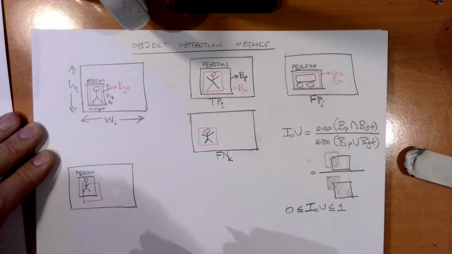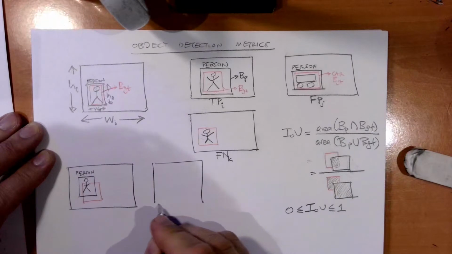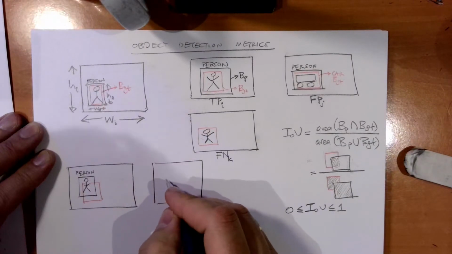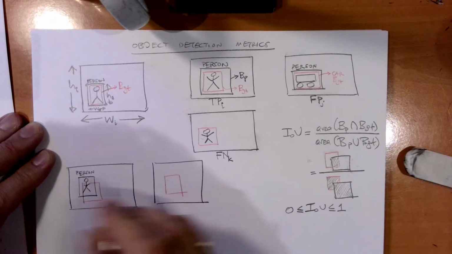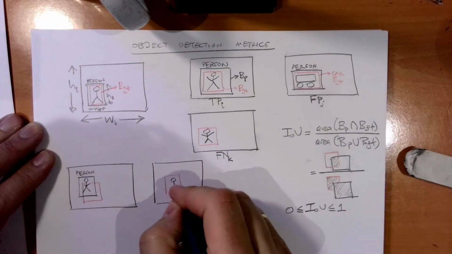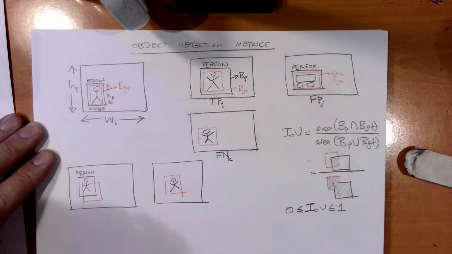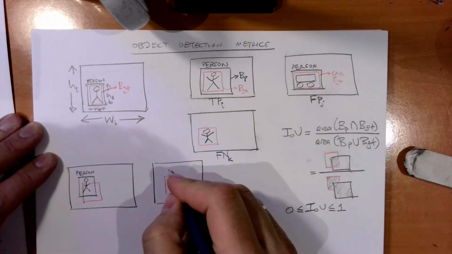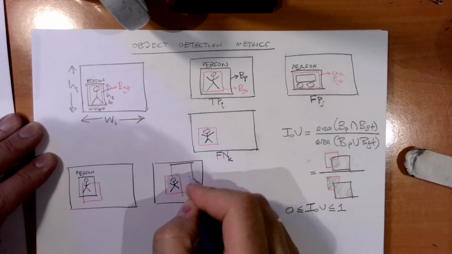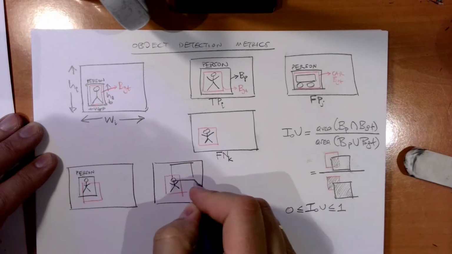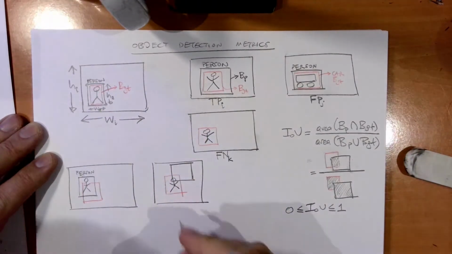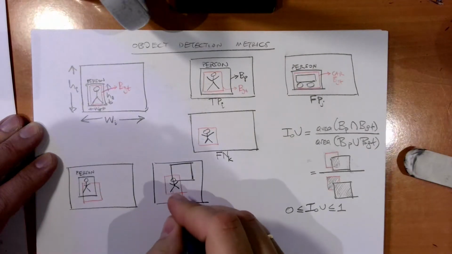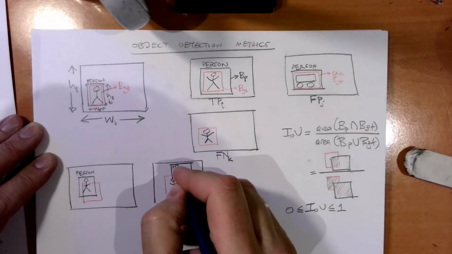And the second case where we have again the person in the ground truth situation. So here is the person nicely bounded by the ground truth box, but our detector is definitely a bit far away from it.